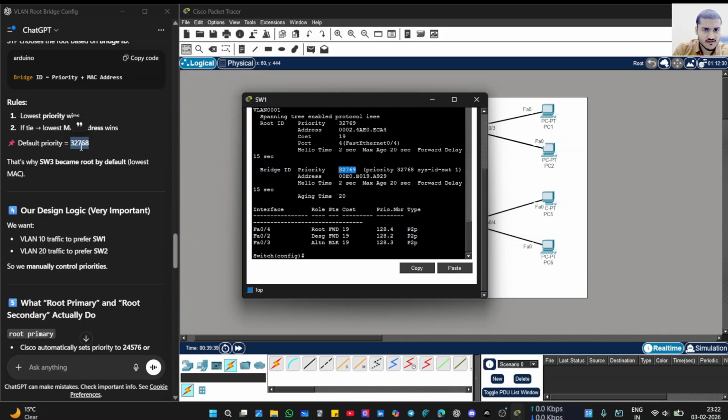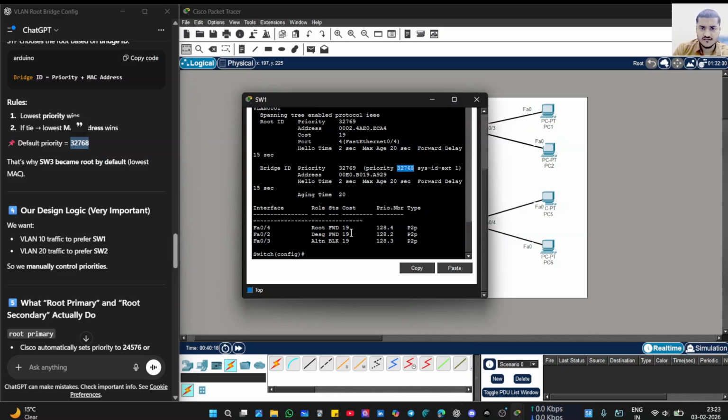You can see it is given in this way over here. So it is talking about the default value.